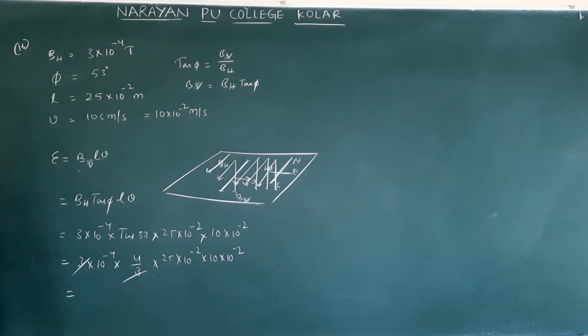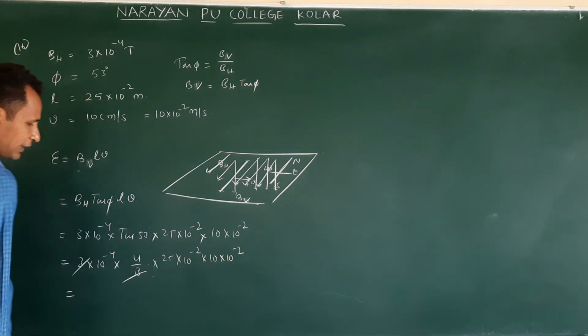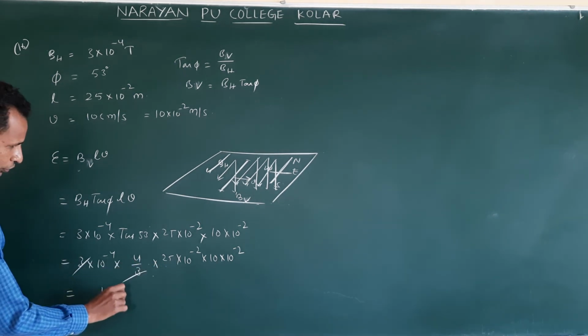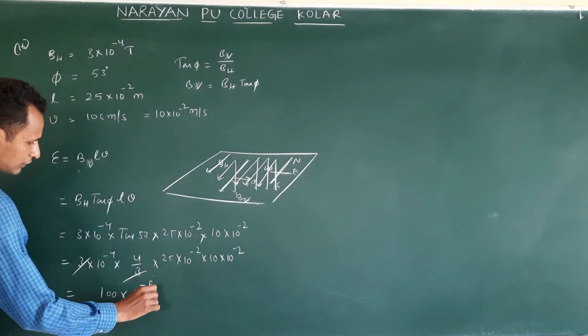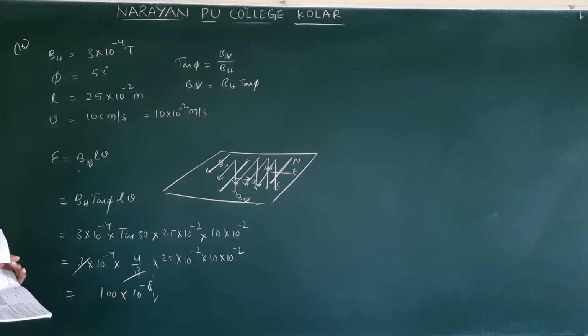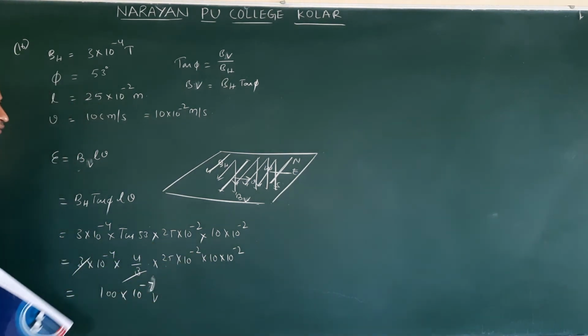The 3 cancels. Minus 4, minus 2, minus 2, minus 8. 4 into 25 is 100. So 100 into 10 power minus 8 volts.